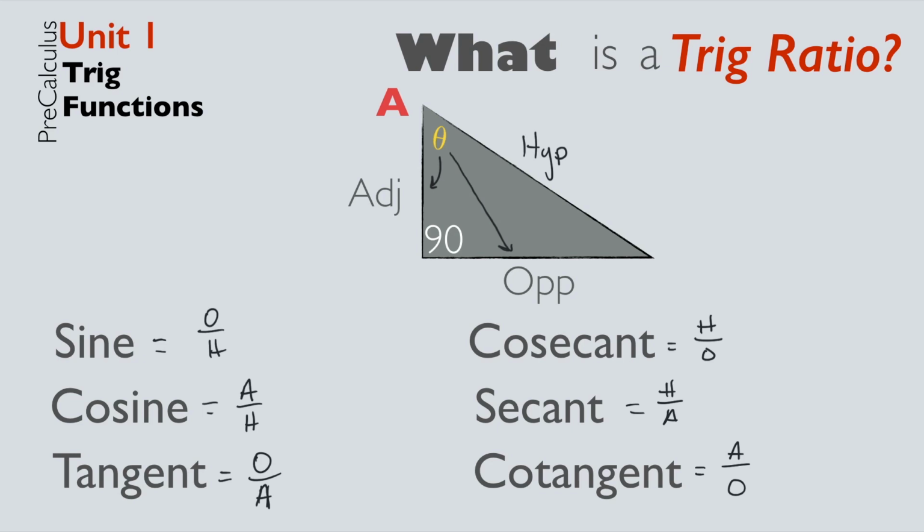So really, if I've told you one of them, I've told you both of them because you can just simply flip the fraction over. What I'll give you as a tip is these are paired up, right? One and its reciprocal. You can never put two cofunctions in the same pair. In other words, sine and cosecant, cosine and secant, and of course tangent and cotangent, those are matched up pretty well.